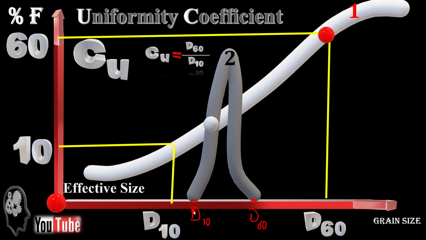And for the second soil, we have D10 and D60, which you can easily see are closer to each other. As the D10 and D60 get closer and closer to each other, the distribution curve is moving toward an almost uniform size sample, which is not a good case. We want a soil sample which includes almost all kinds of soil sizes.